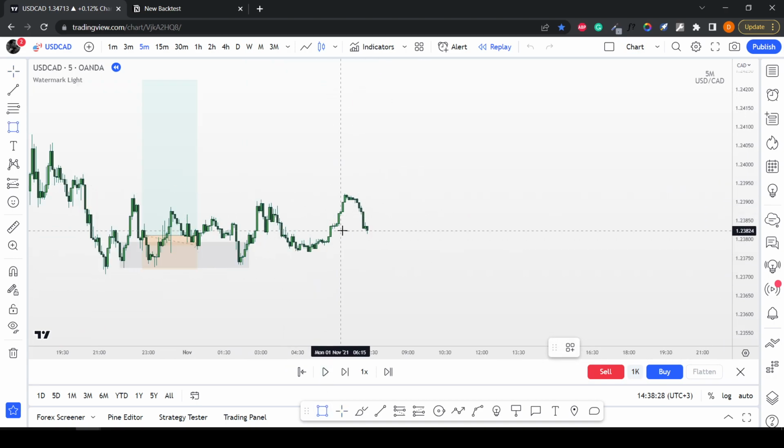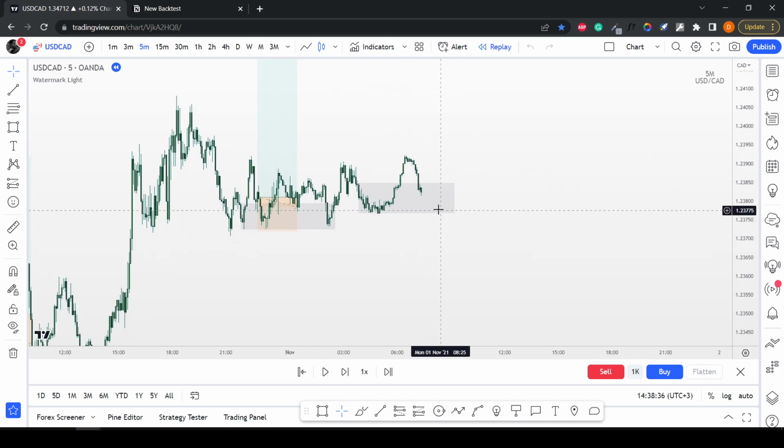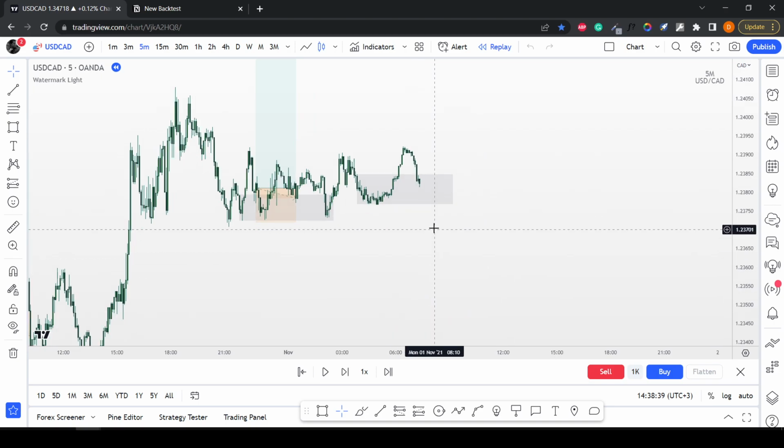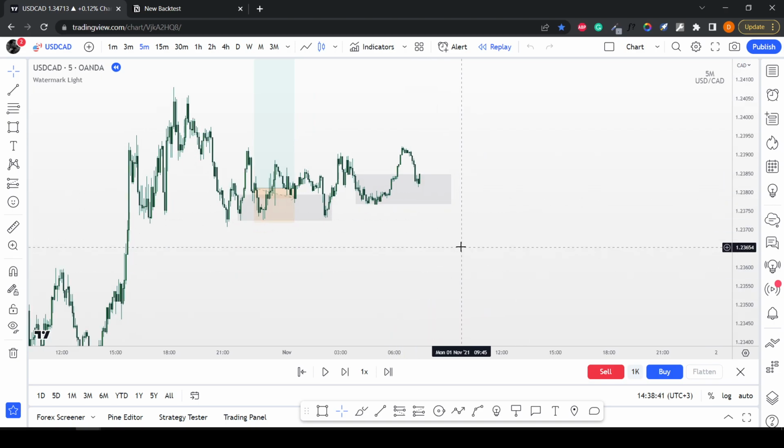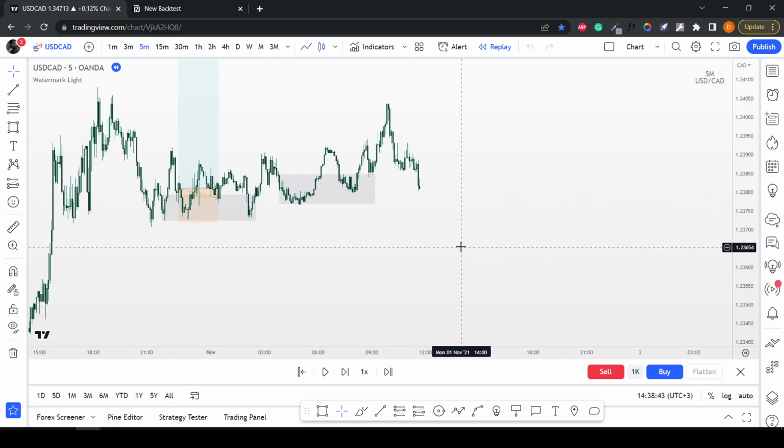But so this is the morning time. Not the best price action, not the best range. Still weak, still have a lot to mitigate here. So first of all, expecting it to go and mitigate something there.